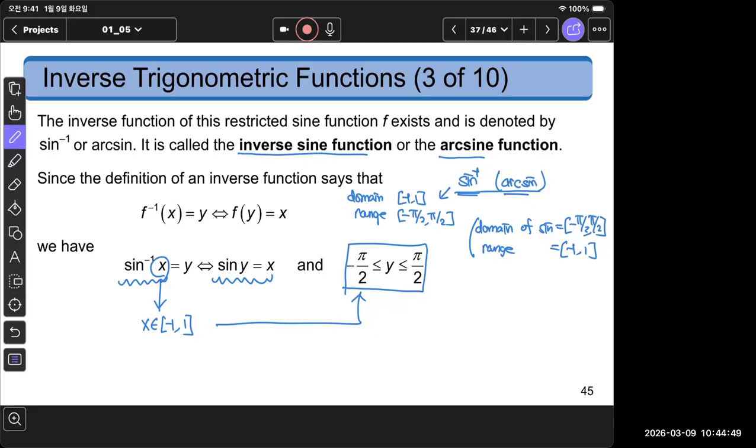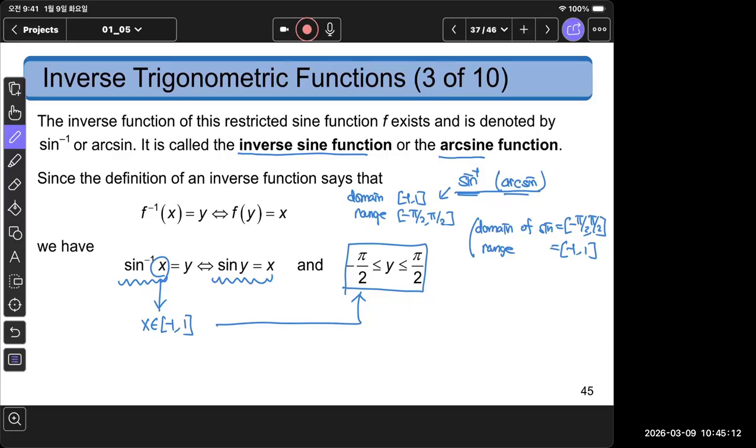So when I just use the sine function, sine of x, x can be any real number. Okay? But sometimes the inverse of the sine function is needed.